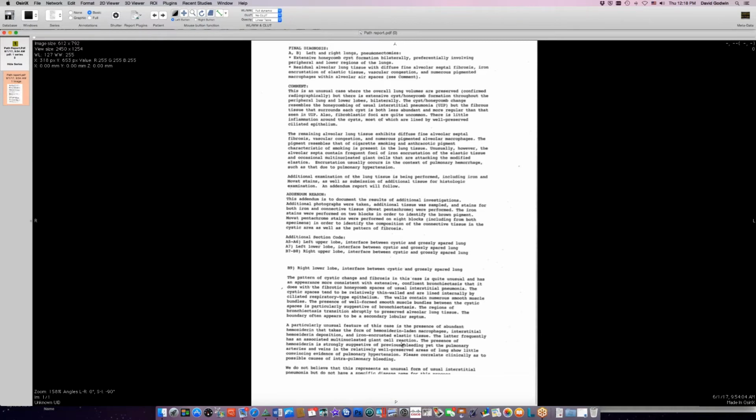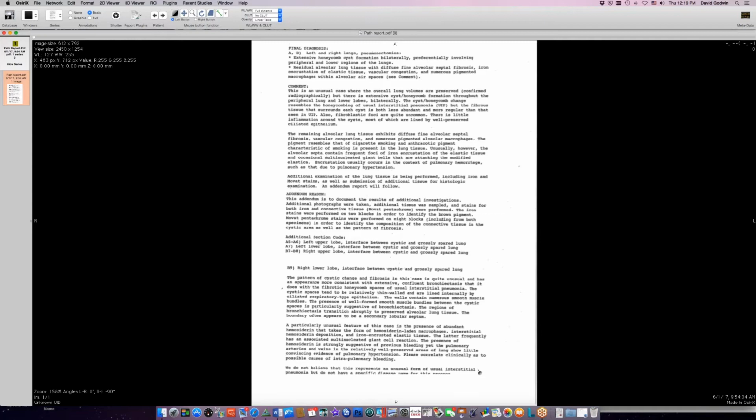So these giant cells might be prone to eating this elastic tissue. Well-preserved areas of the lung show little convincing evidence of pulmonary hypertension, but he did have it clinically and a dilated main pulmonary artery.